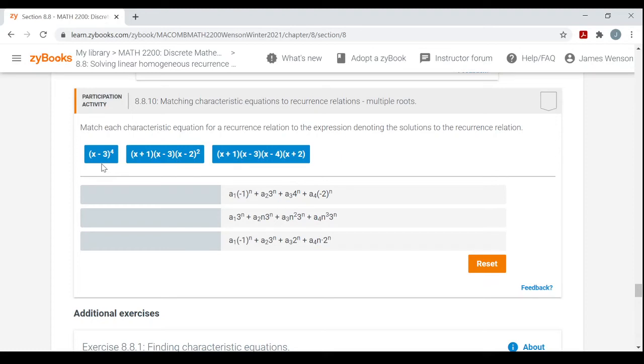So you'd have 3 to the nth, n times 3 to the nth, n squared times 3 to the nth, and n cubed times 3 to the nth as solutions, and then your general solution would be a linear combination of those. So you're seeing this a1 times 3 to the nth, a2 times n times 3 to the nth, plus a3 times n squared times 3 to the nth, plus a4 times n cubed times 3 to the nth. So this one here would correspond to a general solution of this second option.